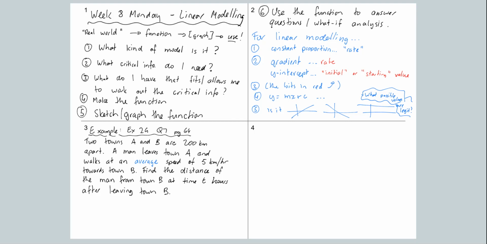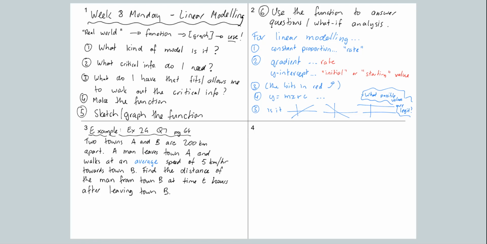Okay, what I mean by that particular point is that you've got to be a little bit mindful that if you're doing a real world problem, not all values are going to be ones that you can use.